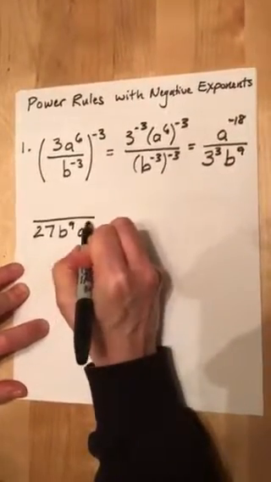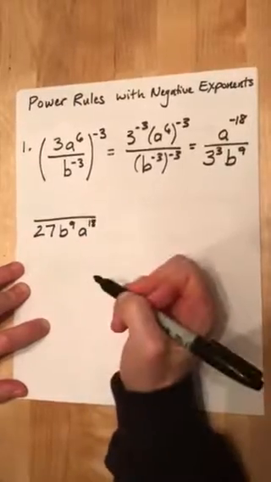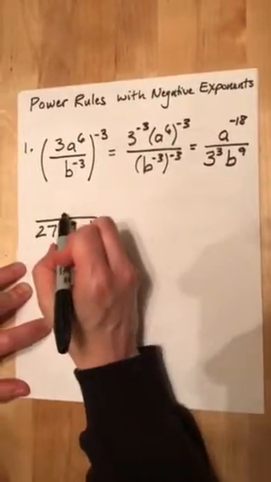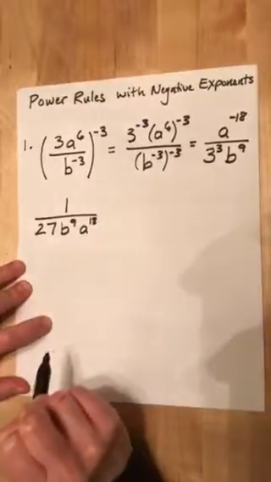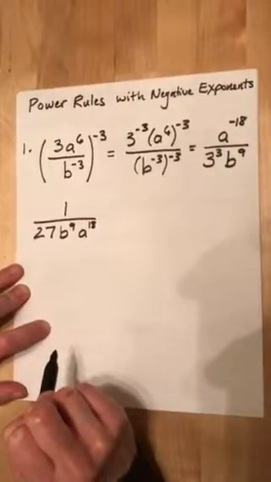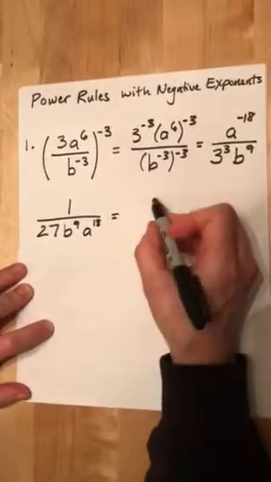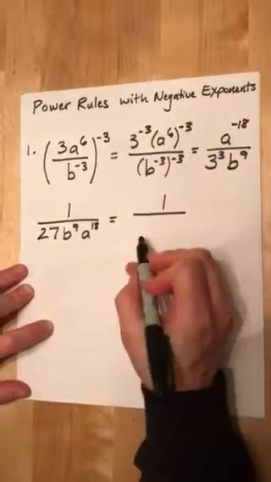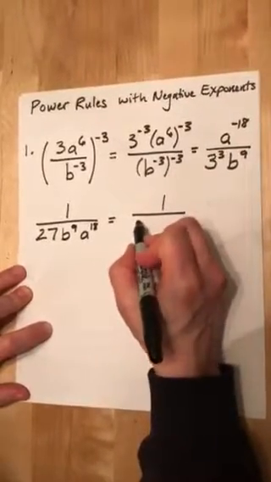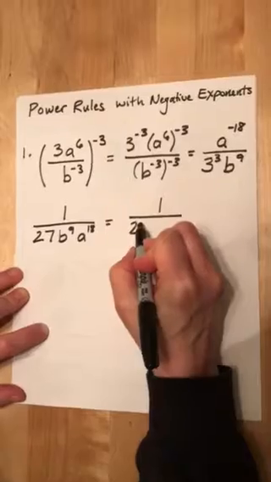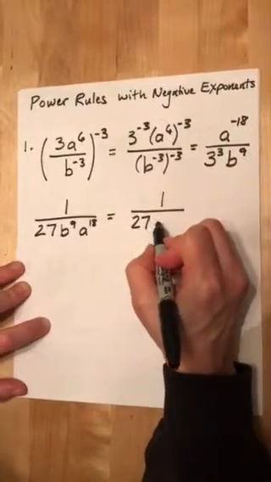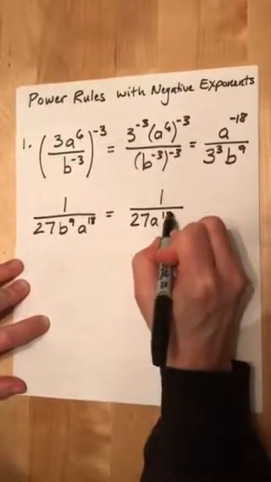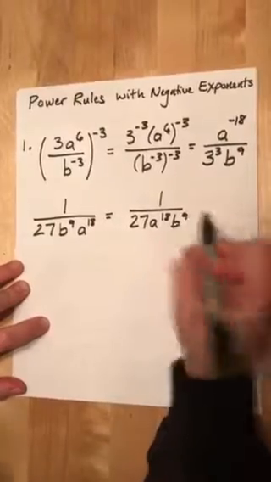So this becomes a to the positive 18 down here. We need to have something in the numerator, so we'll leave 1 up there in the numerator. And so we can write it this way, or if you want to write the variables alphabetically, that would be 1 over 27 a to the 18th, b to the 9th.